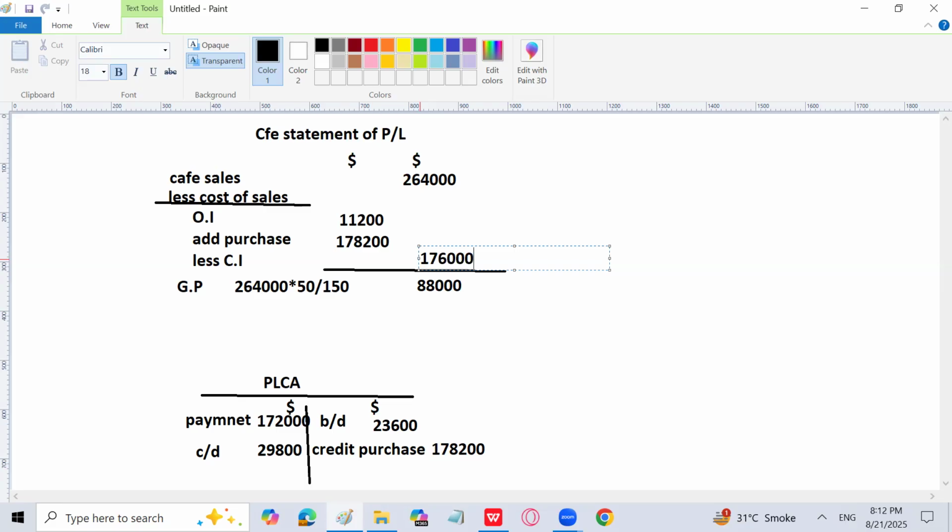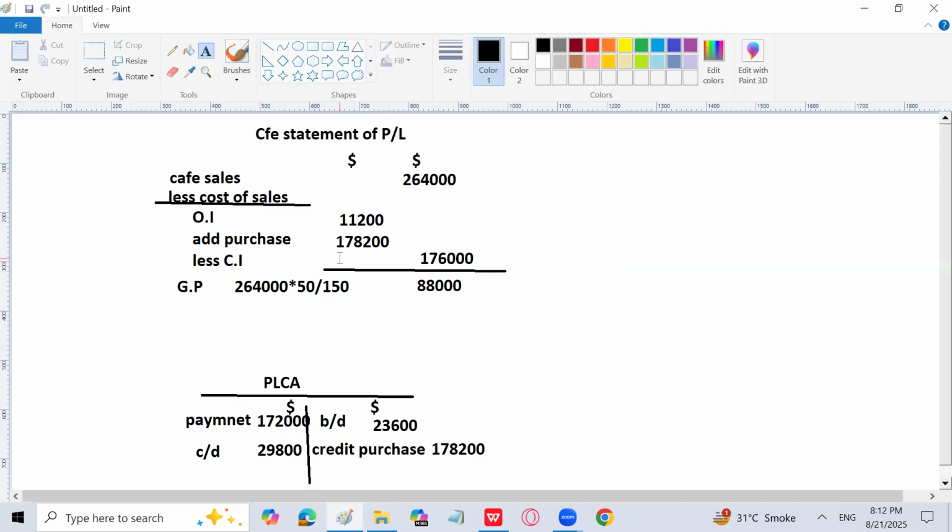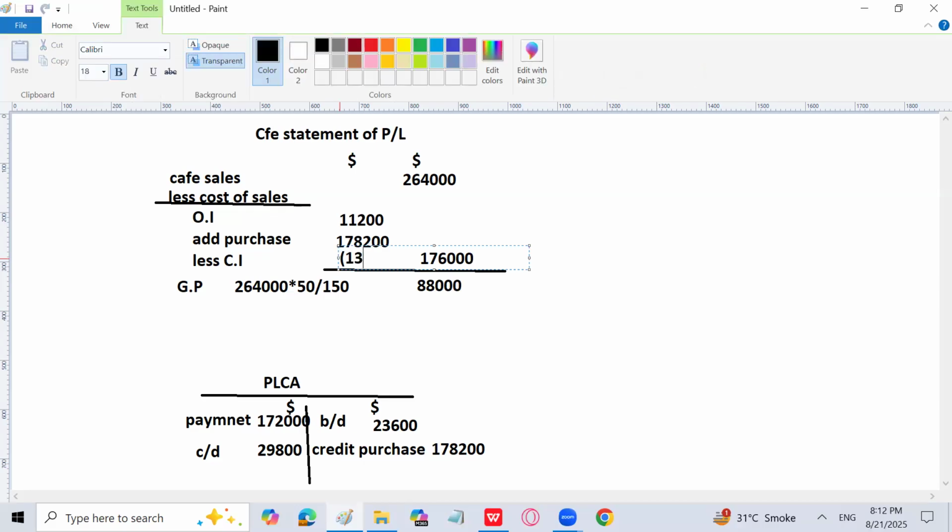So the closing inventory is 13,400. So I have found the missing figure of closing inventory, 13,400, which definitely is going to be subtracted from the cost of sales. That's fine. But by going reverse, I'm able to find the closing inventory.